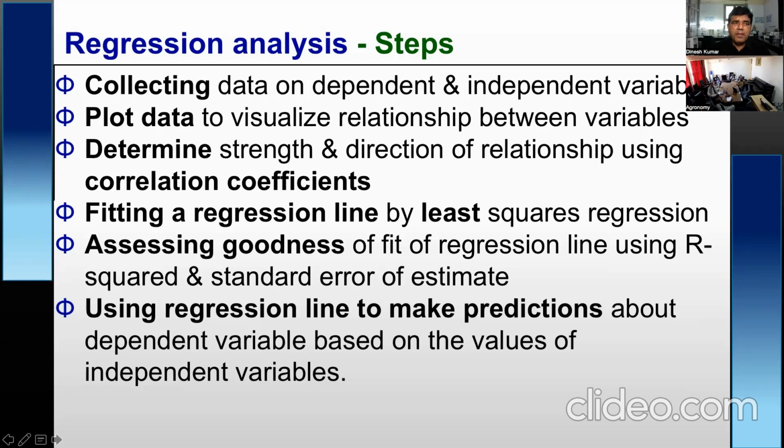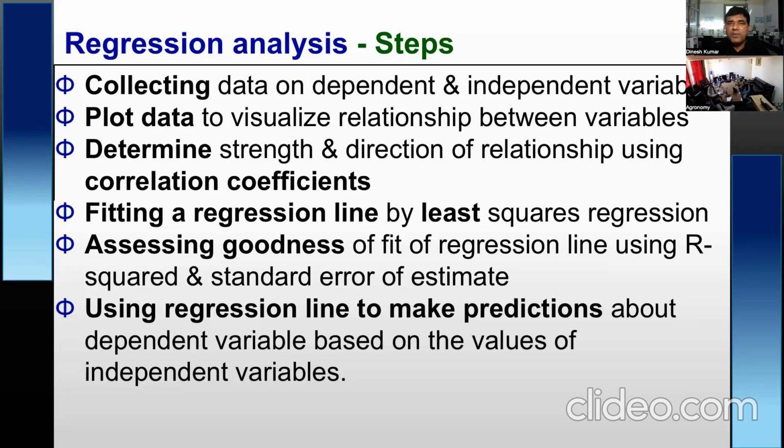Then the data recorded on the crop, say yield, will be your dependent variable. Then we can plot the data, make a scatter plot, and see what kind of relationship is suggested by the data, what kind of direction it is showing us. Then we can fit the regression line by using the method of least squares.